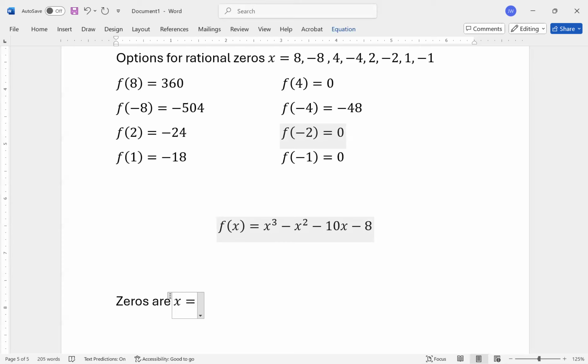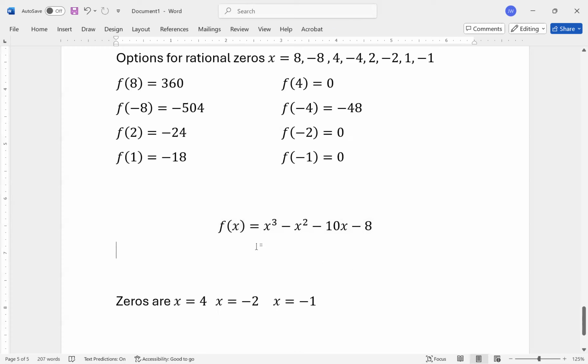One of which is x equals 4. The other is x equals -2. And the last one is x equals -1. Those are the 3 zeros.